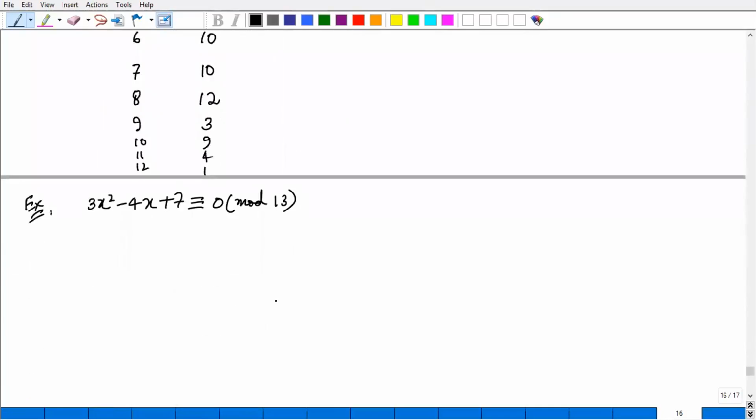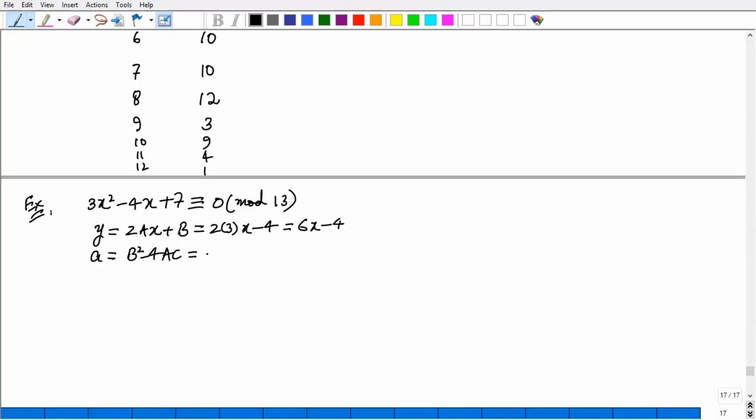So what will be the value of y? y will be 2ax plus b, so this will be 2 times 3 times x minus 4, so 6x minus 4. And then the value of a will be b squared minus 4ac.